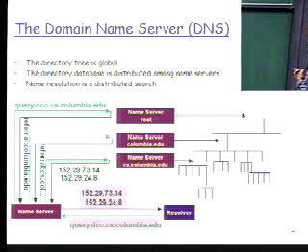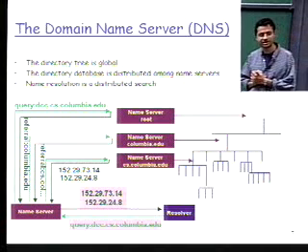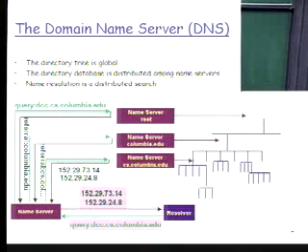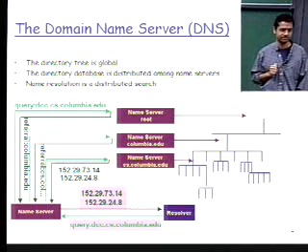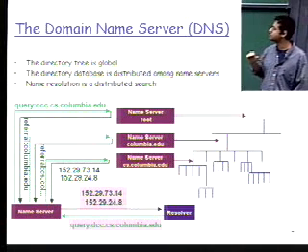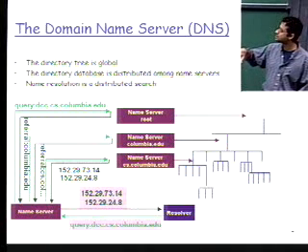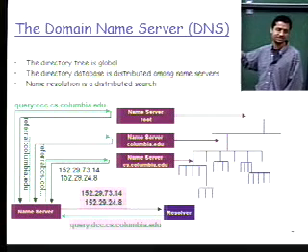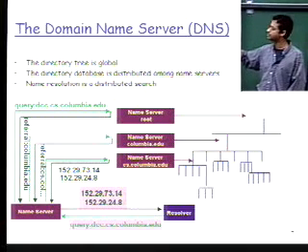So the directory database is going to be distributed amongst all these name servers. At each level of the tree, there is a name server associated. And that name server knows either the complete subtree or at least who to ask in the subtree.